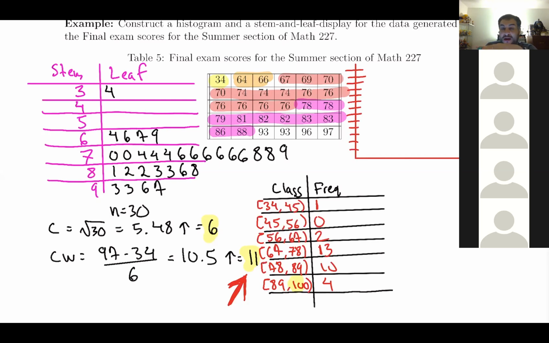Now we're going to do the horizontal axis. The horizontal axis, that's where you use the classes. So you want to say 34, 45, 56, 67, 78, 89, and 100. All right, so far, any question about the layout of the histogram?